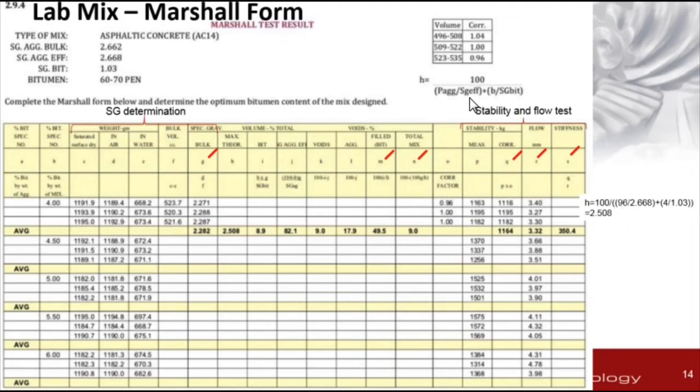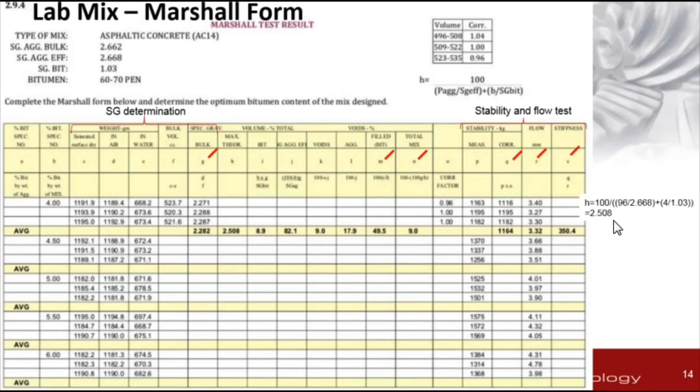Then, SG effective in this case is 2.668. Then, plus B, which is referred to column B for the trial bitumen content. And then SG bitumen is referred in this case 1.03. The example of H calculation is provided in the slide.